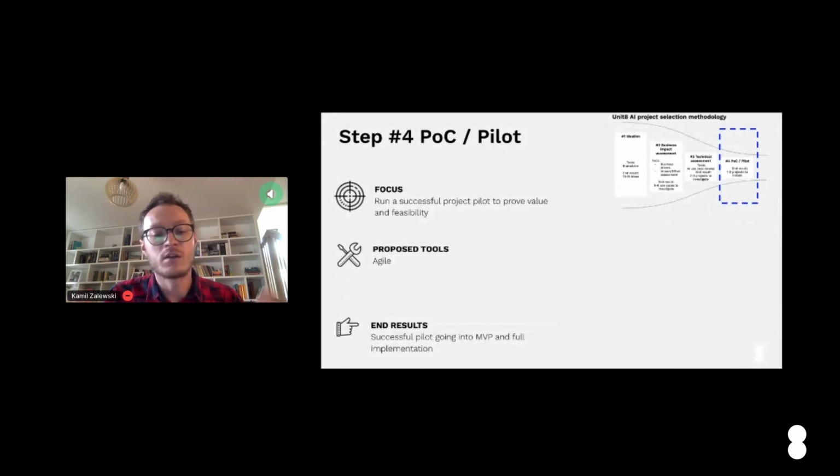Again, in here, we're really using agile methodologies to very quickly iterate and go quickly from that verified idea to something that can later on become your minimum viable product. So the end result is basically, after the POC, to pick the project that has the highest chances of being successful, and to move it from the initial proof of concept into the MVP stage.